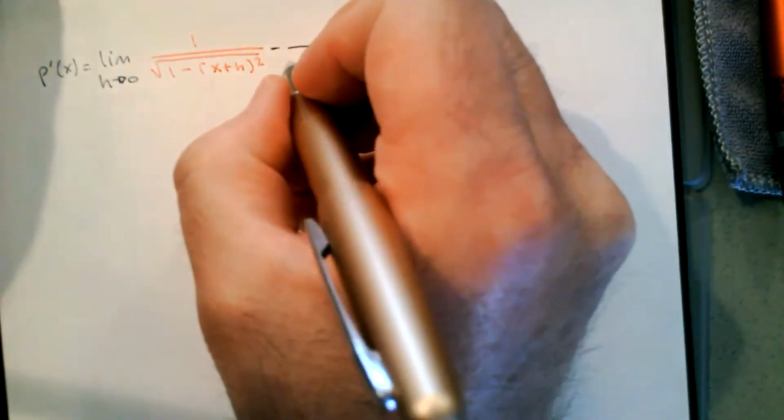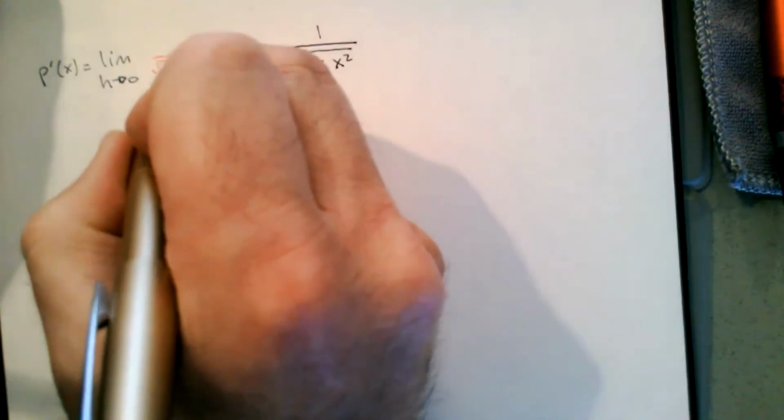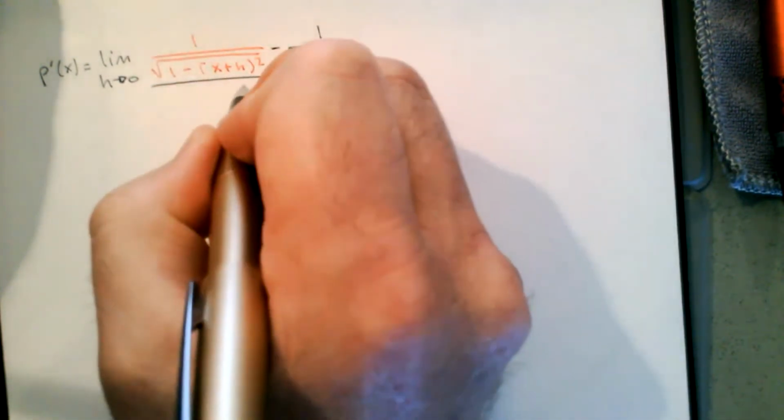So in p prime of x, we would have the limit as h goes to 0 of 1 over the square root of 1 minus the square of x plus h, minus p of x, which is 1 over the square root of the difference between 1 and the square of x, all over h.